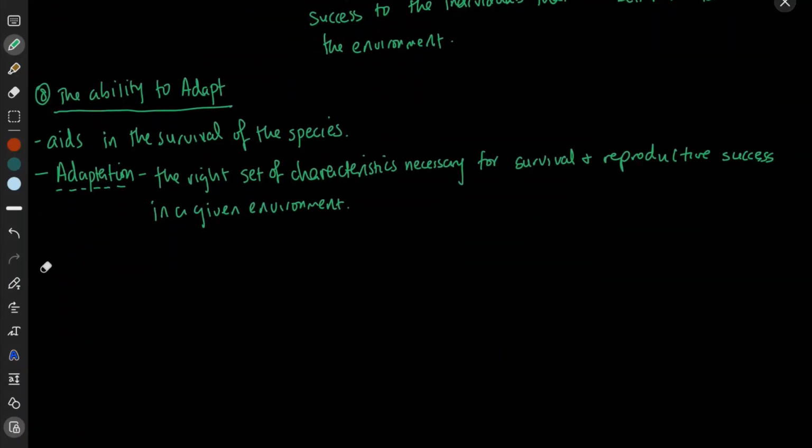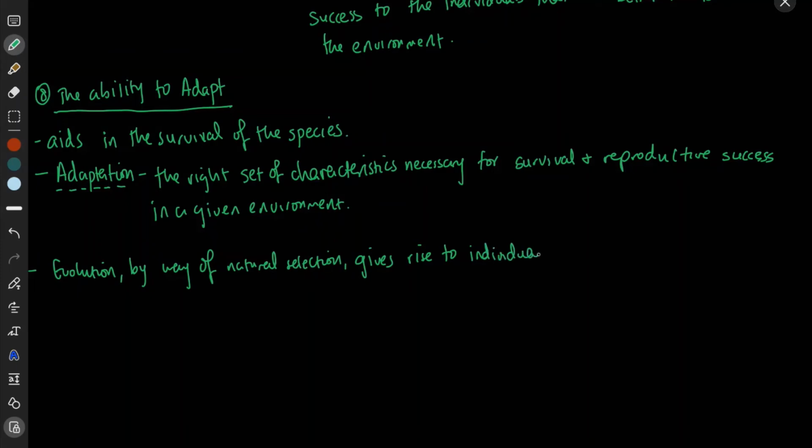So it all ties together with evolution, natural selection, and adaptation. Let's write this down. Evolution by way of natural selection gives rise to individuals that are more fit for a given environment.